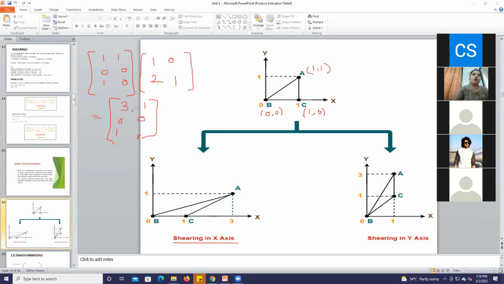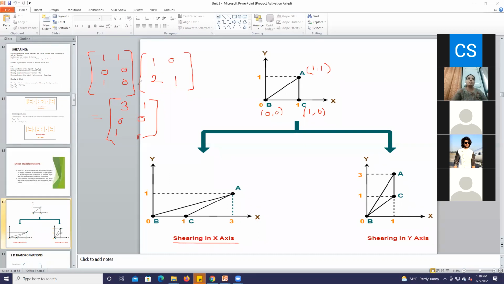So if I plot this matrix, this is your point A. So I will have x value 3 and y value equal to 1. So this is your A point after shearing. Then what about B point? B is (0, 0). So B will not be changing.